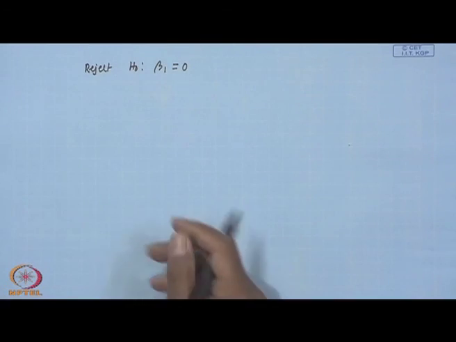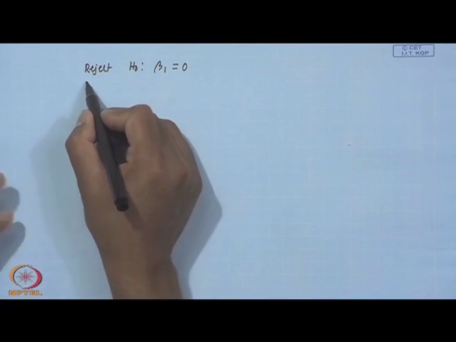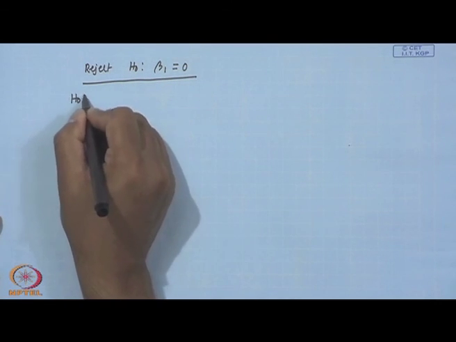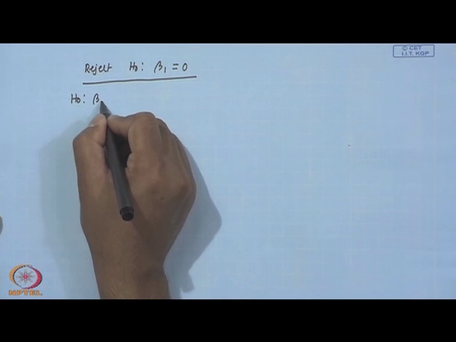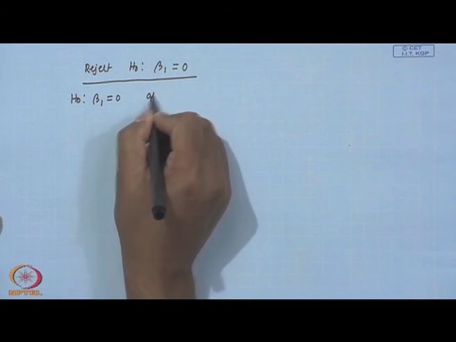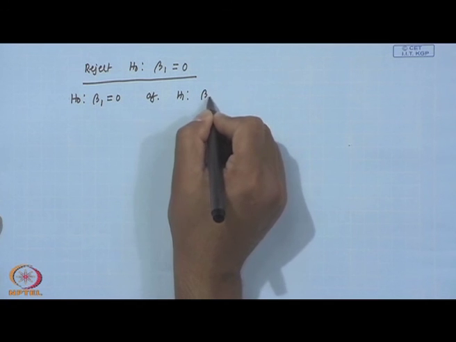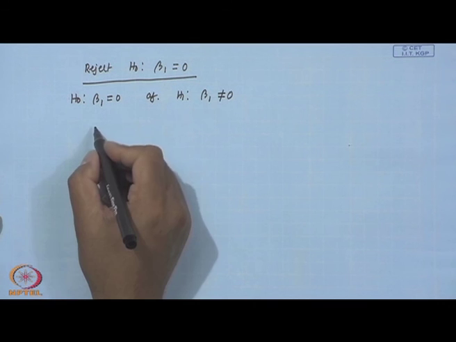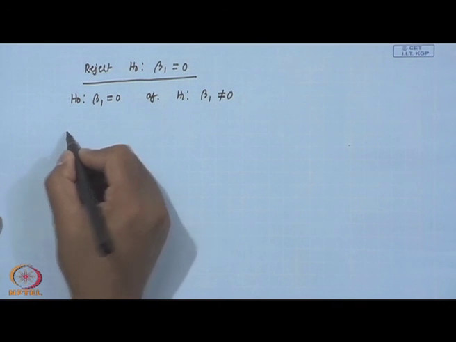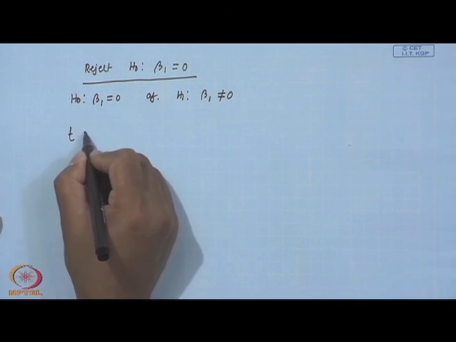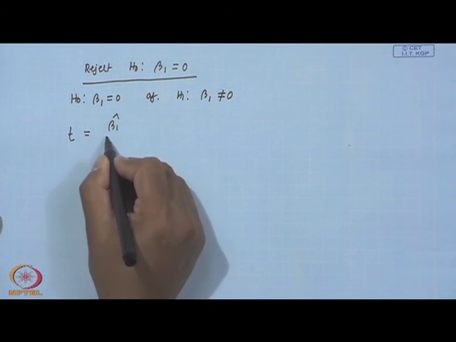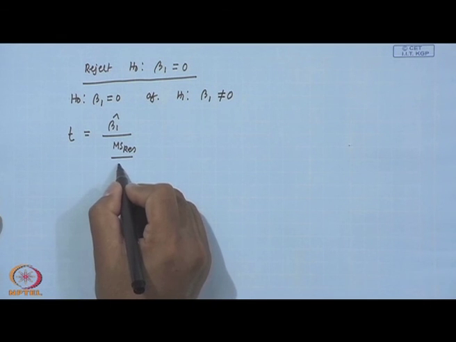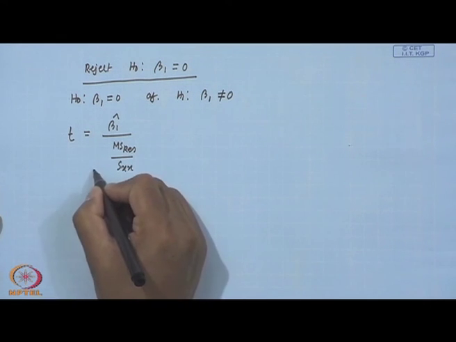Okay. So, before doing that, maybe you know already, but I want to say that another way to test this hypothesis, that H naught beta 1 equal to 0 against H 1 beta 1 not equal to 0, can be tested also using the t statistic, that is t equal to beta 1 hat by the square root of MS residual by S_xx.